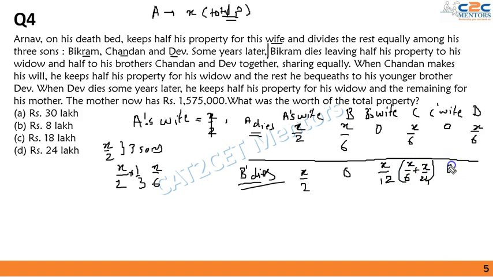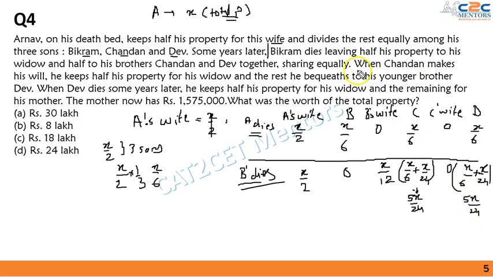C's wife is going to get a 0, and similarly Dev is going to get x by 6 plus x by 24. I hope this is clear to everyone till now. So this calculation turns out to be 5x by 24, and this too is equal to 5x by 24.